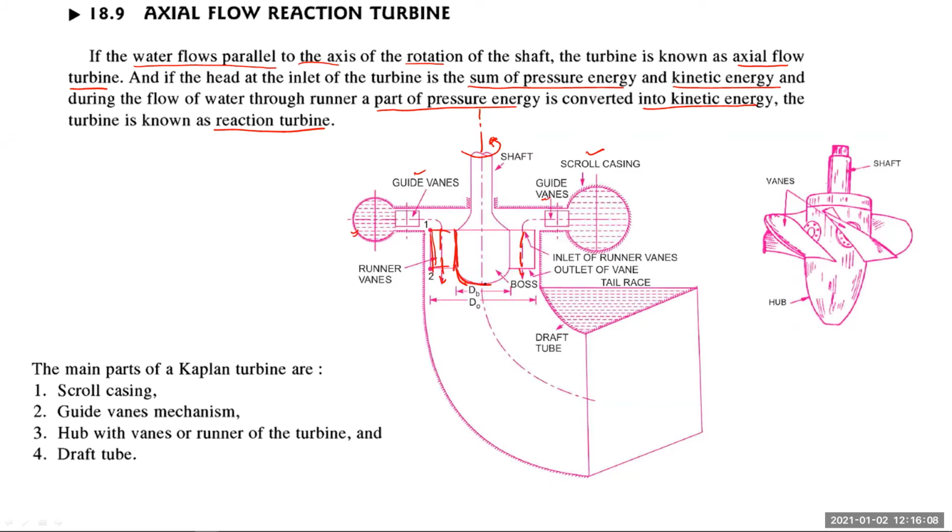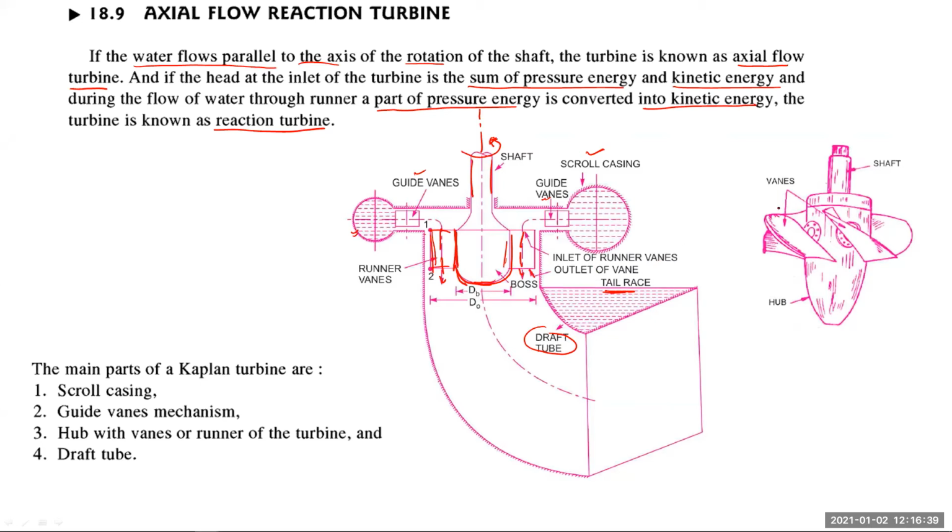This is called your hub, and this hub is directly mounted to your shaft. This hub is also called the boss. And this is the outlet of the vane, and at the outlet side you have one draft tube, and the draft tube is connecting to the tail race. So this is the schematic representation of your Kaplan turbine or axial flow reaction turbine.